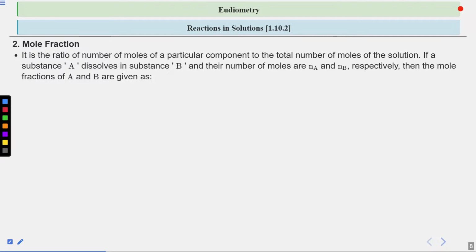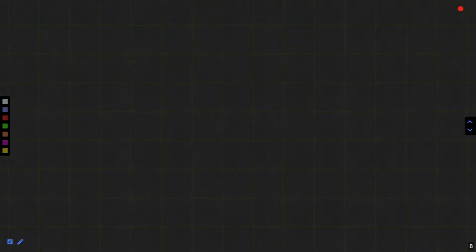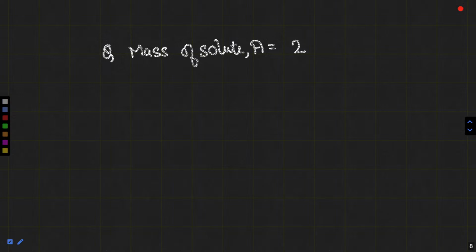So what is mole fraction? Okay, I will explain the previous question once again. The question was saying that the mass of solute, which was A, was 2 gram. What was the mass of solvent? There we have taken water as the solvent, so the mass of water was given as 18 gram.